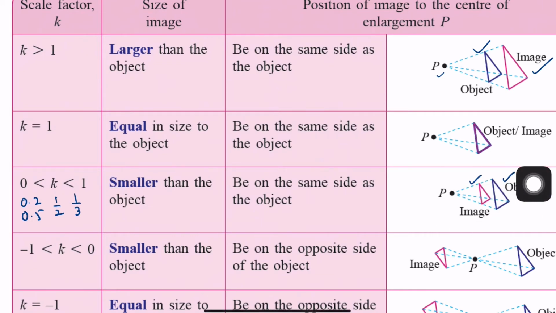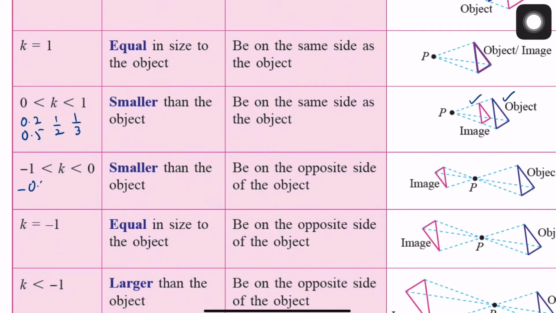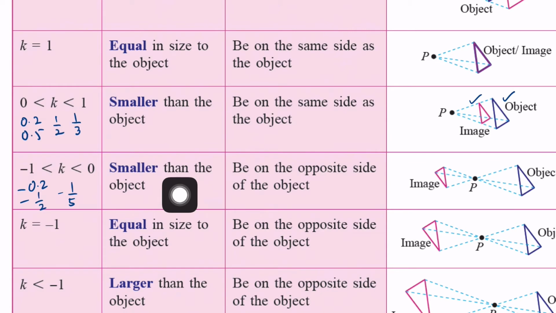Next, if you have K between -1 and 0, for example -0.2, -1.2, -1.5, something like that, the image is smaller than the object, but it is on the opposite side of the object. This is the situation.